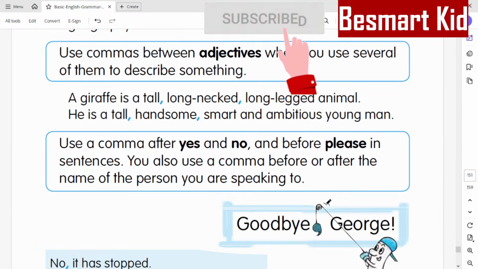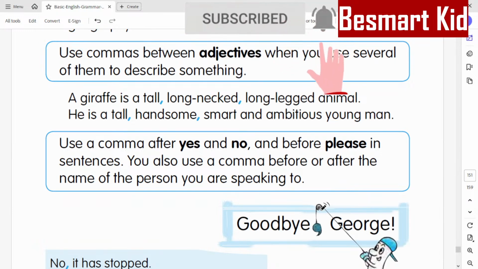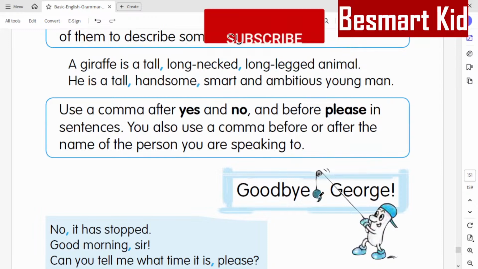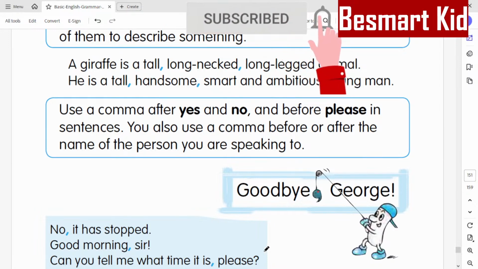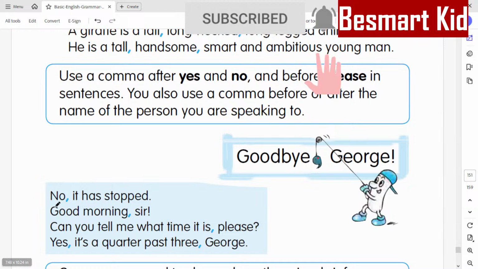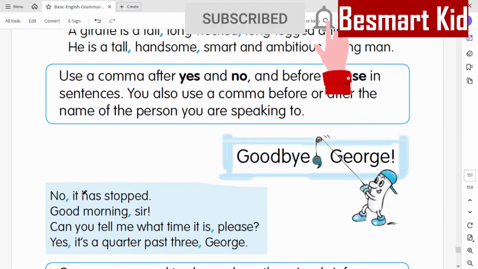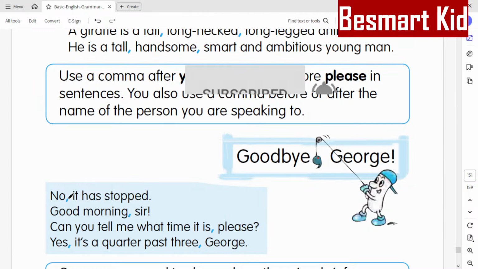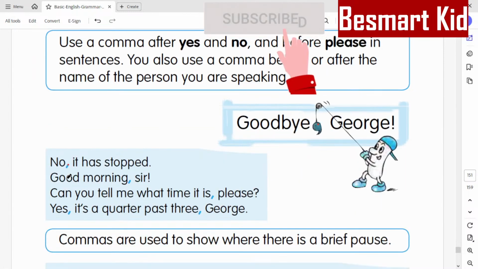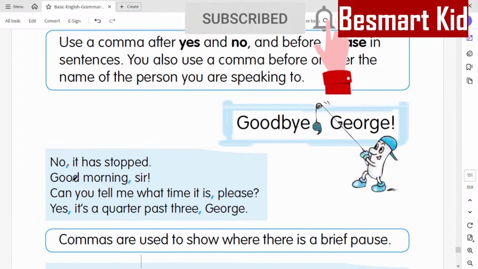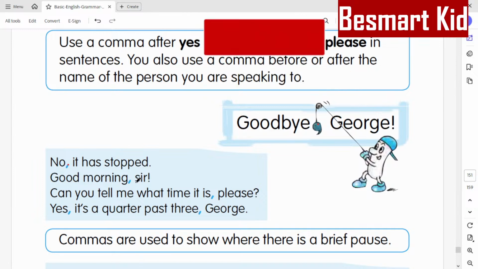For example, goodbye, George. Here we have a comma. No, it has stopped. Here is the comma. Good morning, sir.